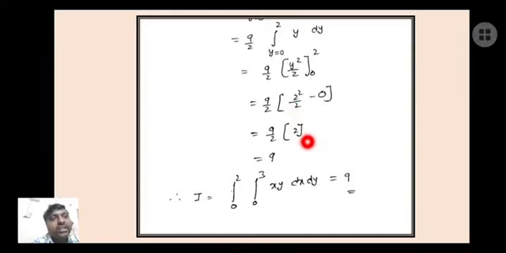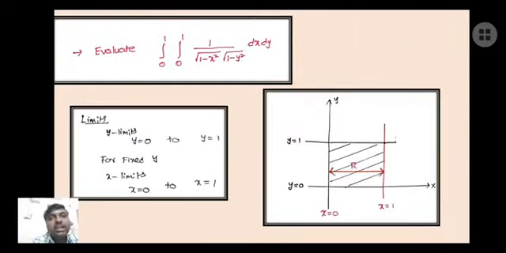By simplifying this, 9 by 2 into 2, that is equal to 9 only. Therefore our integration value I, integral 0 to 2 integral 0 to 3 xy dx dy, is equal to 9. So this is the way we can calculate the double integration when they give constant limits. Now I go through another example.